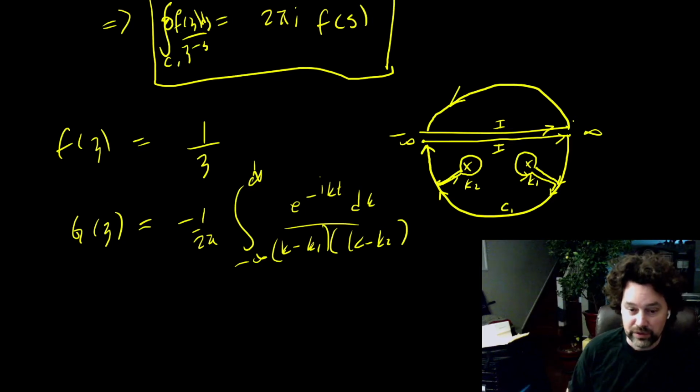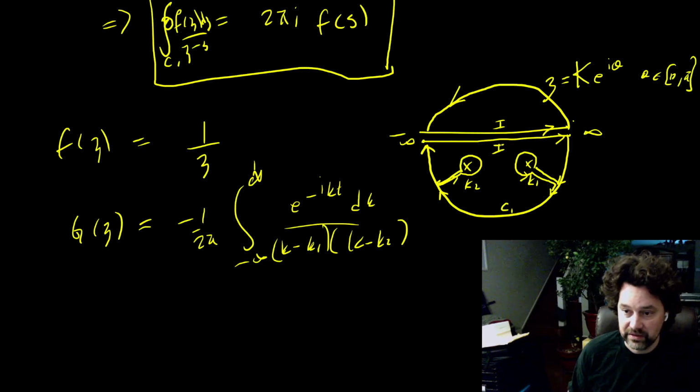So if we were on the upper half plane, let's say here, we say z equals K e to the i theta, where theta is going from 0 to pi.